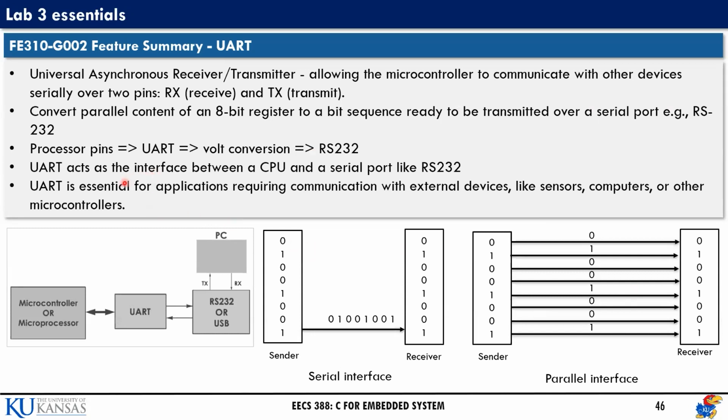Our UART acts as the interface between a CPU and a serial port like RS-232. And as I already told you, UART is essential for applications that require communication with external devices like sensors, computers, or other microcontrollers. So in our lab, from our computer, we are going to type a character.